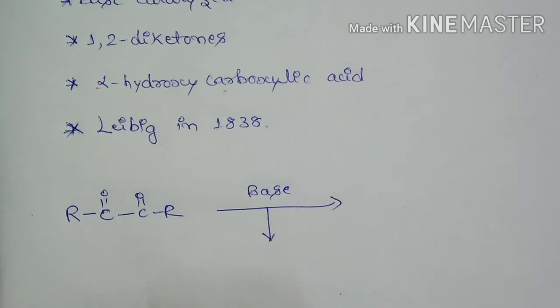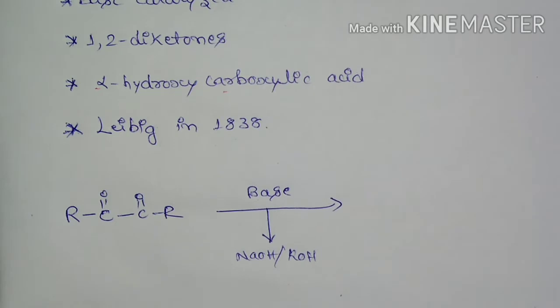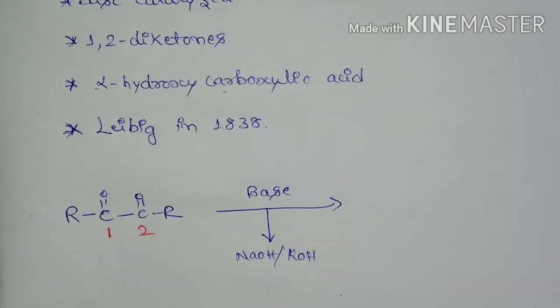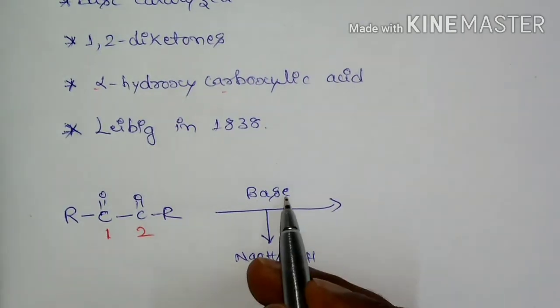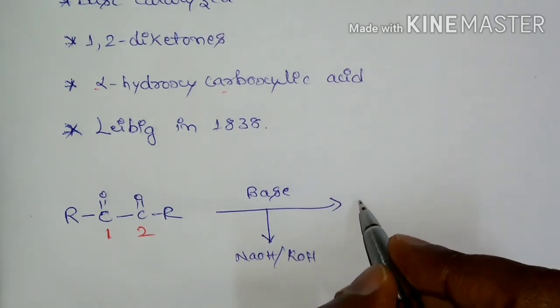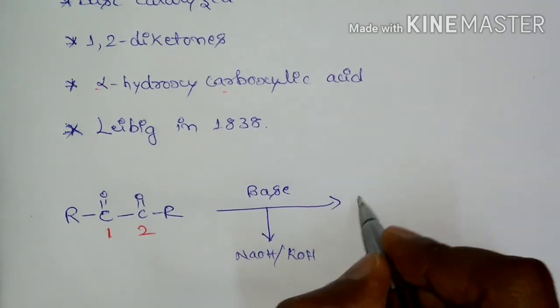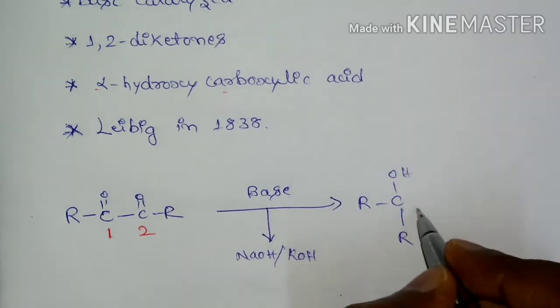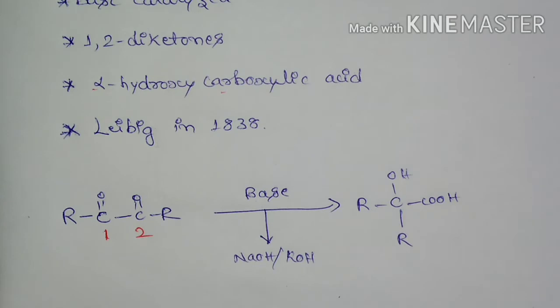Usually the base used is either sodium hydroxide or potassium hydroxide. So this is a 1,2-diketone. Upon treatment with a base like hydroxide, it is going to lead to the formation of alpha hydroxy carboxylic acid derivative.